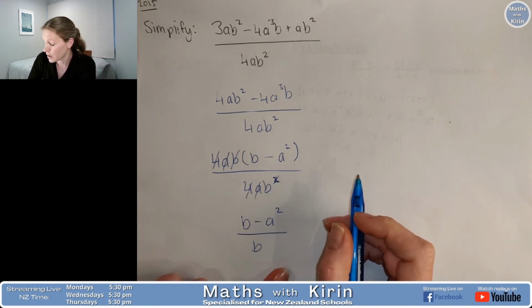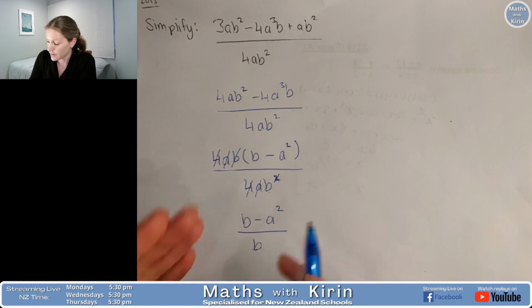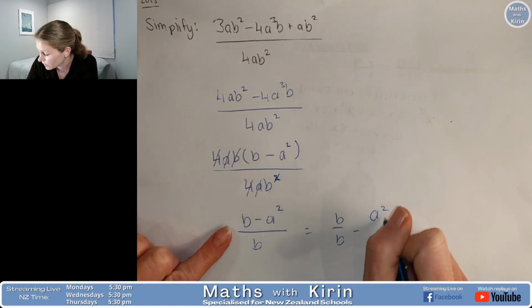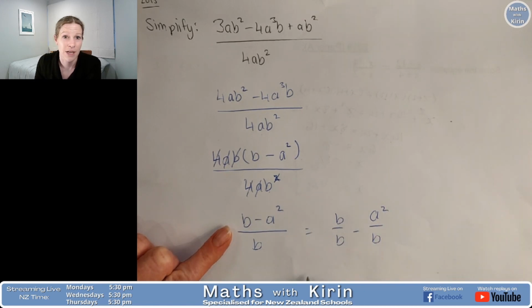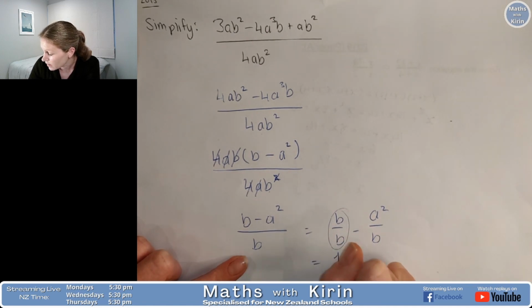Some people will take this a little bit further, and if we think of this as being b divided by b, minus a squared divided by b, that's exactly the same thing. We've just split the fraction up into 2, but obviously with the same denominator. b divided by b, we can simplify to 1. So that would be 1 minus a squared over b.